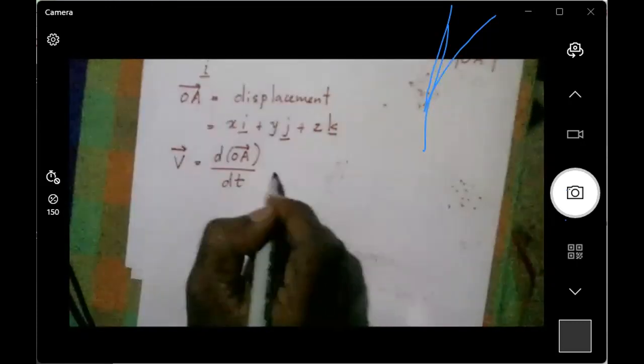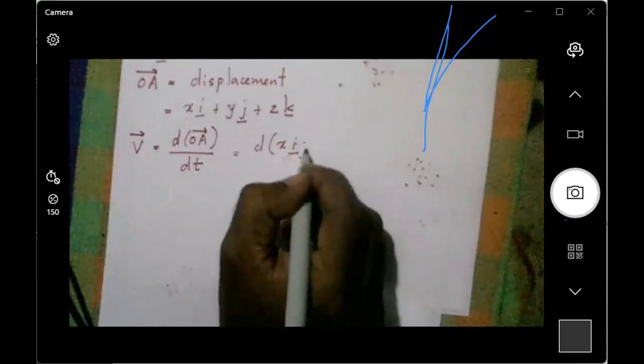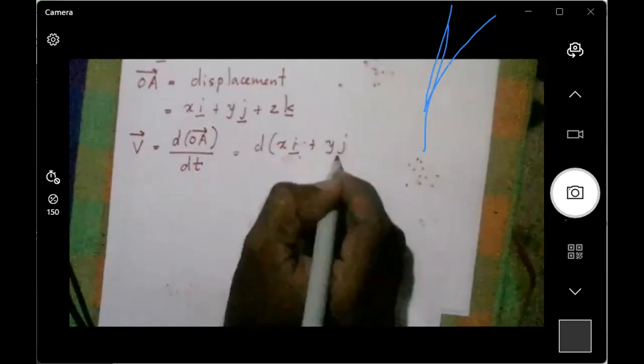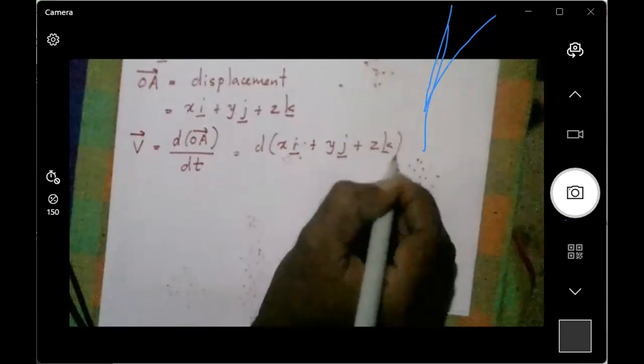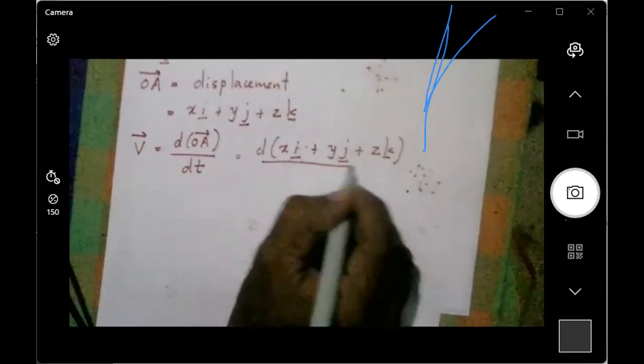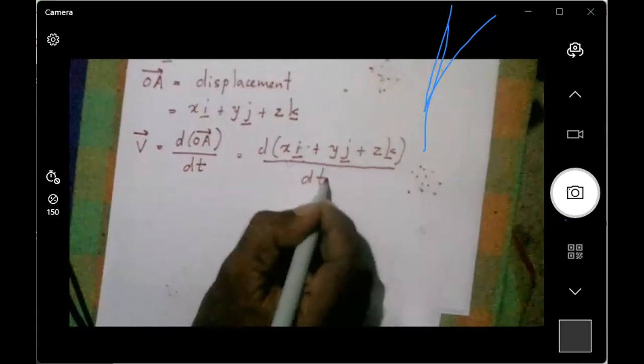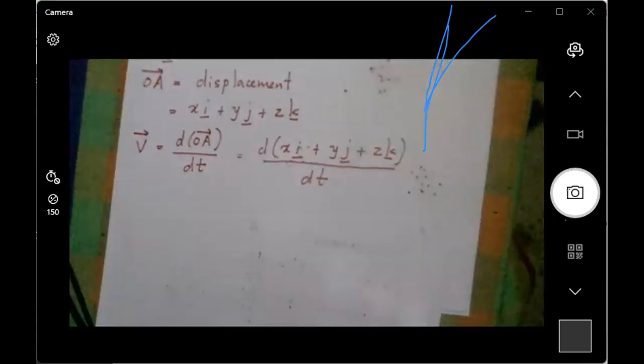Which is d/dt of xi plus yj plus zk, and you need to take the time derivative. Okay, do this very quickly.